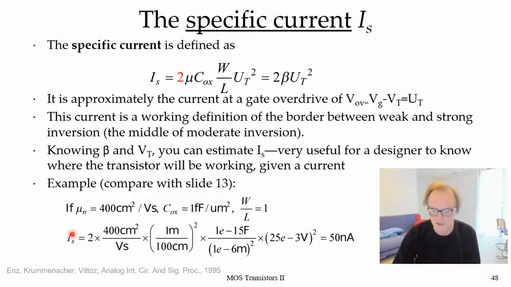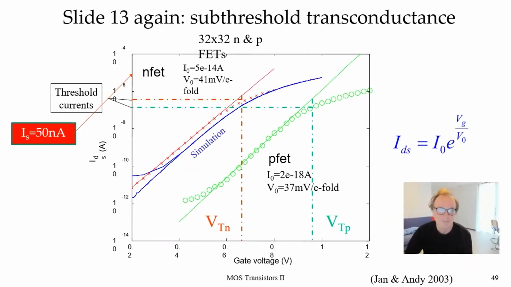So the specific current in this particular process for NFETs with this N mobility is going to be 50 nanoamps. Now, how does that compare with the measured data? Let's look at the next slide. So here is the measured transistor current that we saw from the Lab 2 experiment.